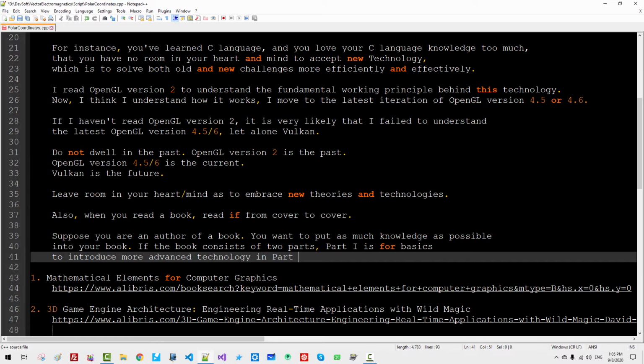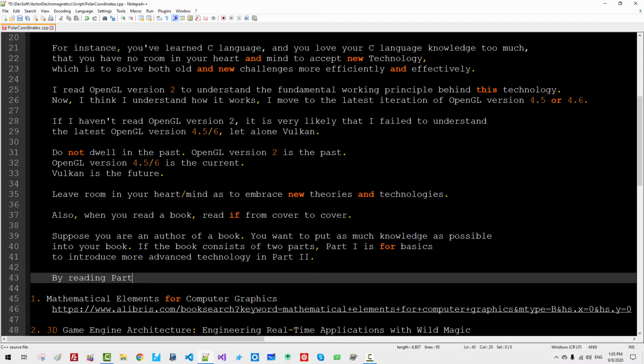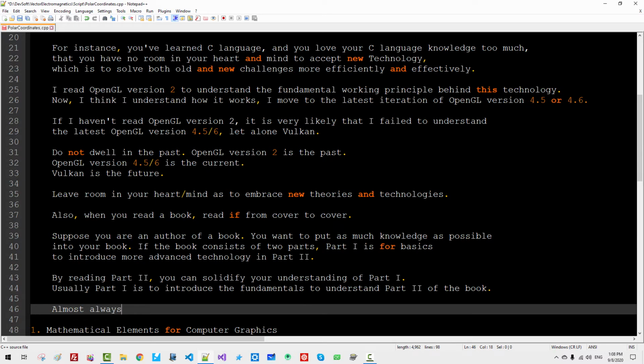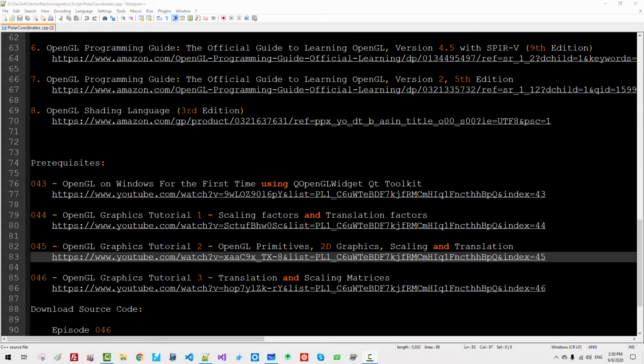By reading part 2, you can solidify your understanding of part 1. Usually, part 1 introduces the fundamentals. To understand part 2 of the book, almost always read the whole book from cover to cover, not missing any part of the book. Without further ado, let's get started.